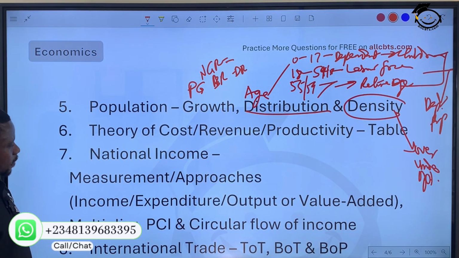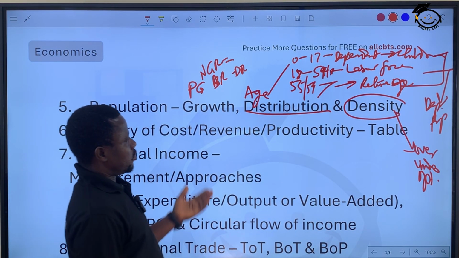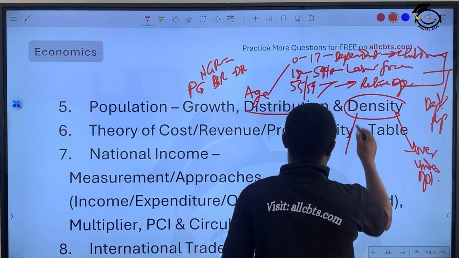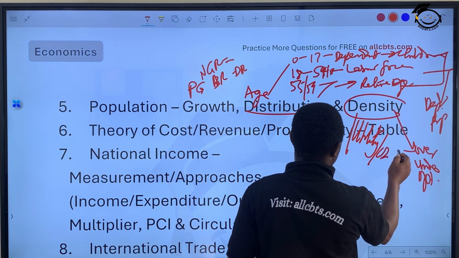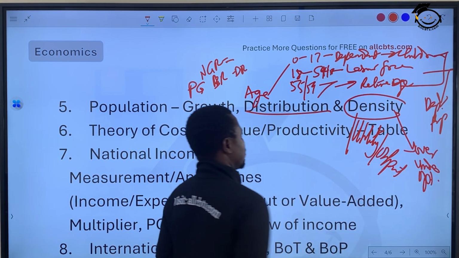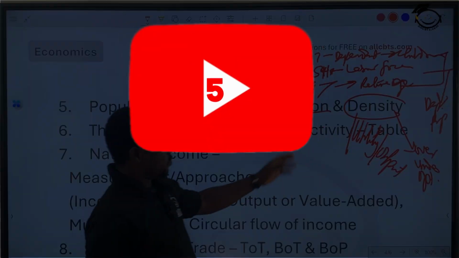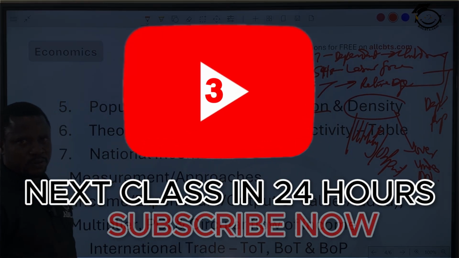Another area of concentration for these statistics economics is the theory of cost, theory of revenue, theory of productivity, theory of utility, or theory of output.